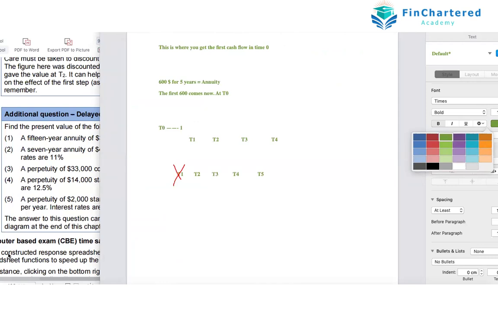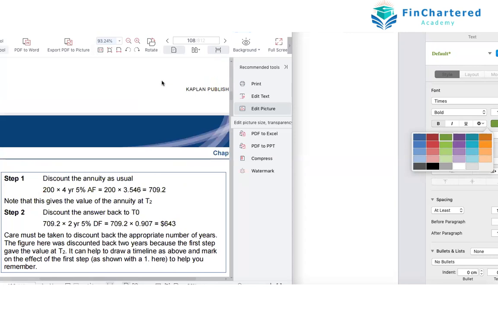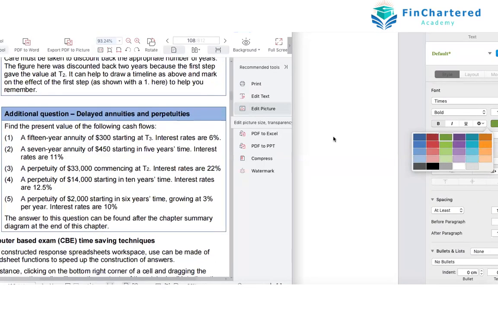Yes, sir. Now we're looking at, again, how do you calculate a delayed perpetuity? A perpetuity of 14,000 starts in 10 years' time.